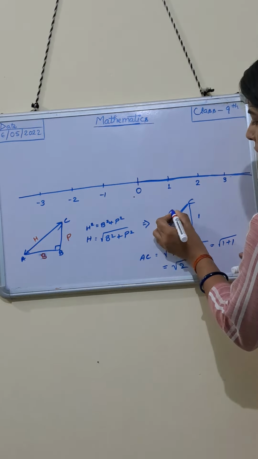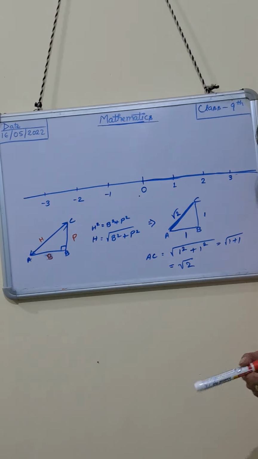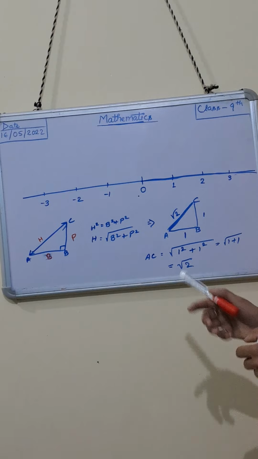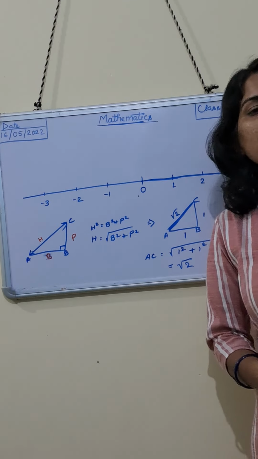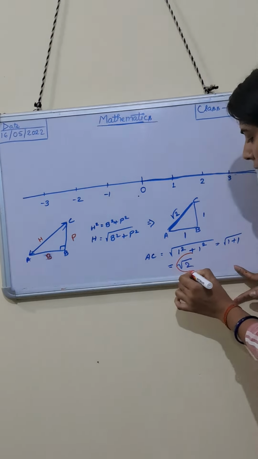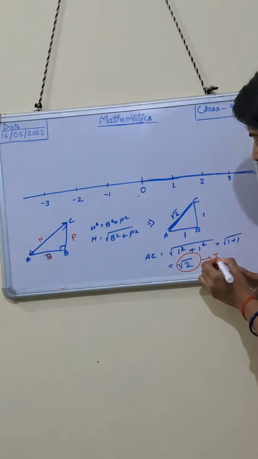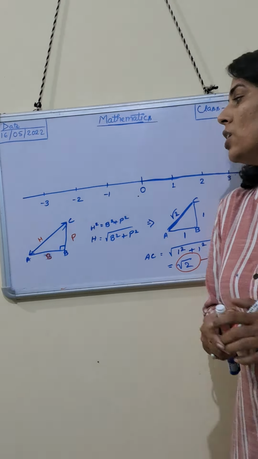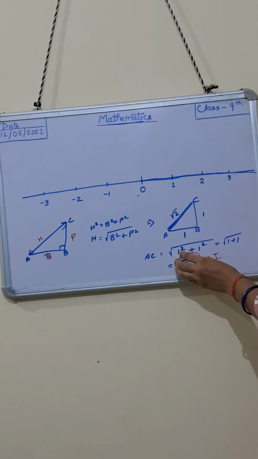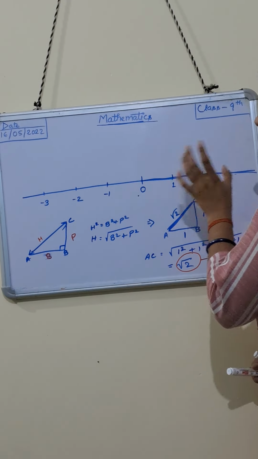So our hypotenuse will be under root 2 and you know that under root 2 is an irrational number. Now the question is how to represent this under root 2 on the number line.